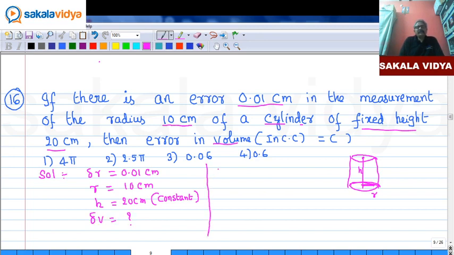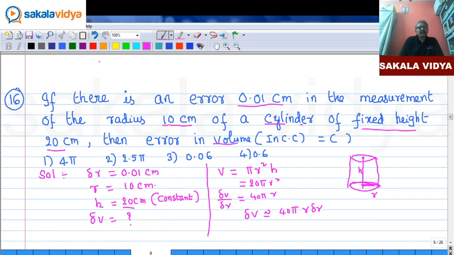Volume of the cylinder is given by pi r square h, but h is fixed, so you can substitute 20. So that is 20 pi r square. Now differentiate with respect to r. Delta V by delta r equals 40 pi r. Now delta V is approximately equal to 40 pi r into delta r.